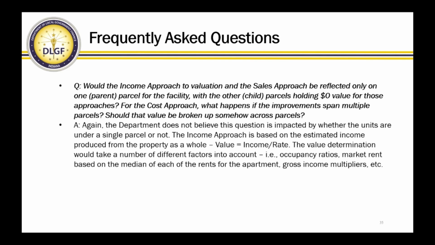So this, again, is not impacted by whether the units are under a single parcel or not. The income approach is based on the estimated income for the entire property as a whole, and the value determination would take a number of different factors into account: occupancy ratios, market rent based on the median income, the rents for the apartments, gross income multipliers, all that stuff.